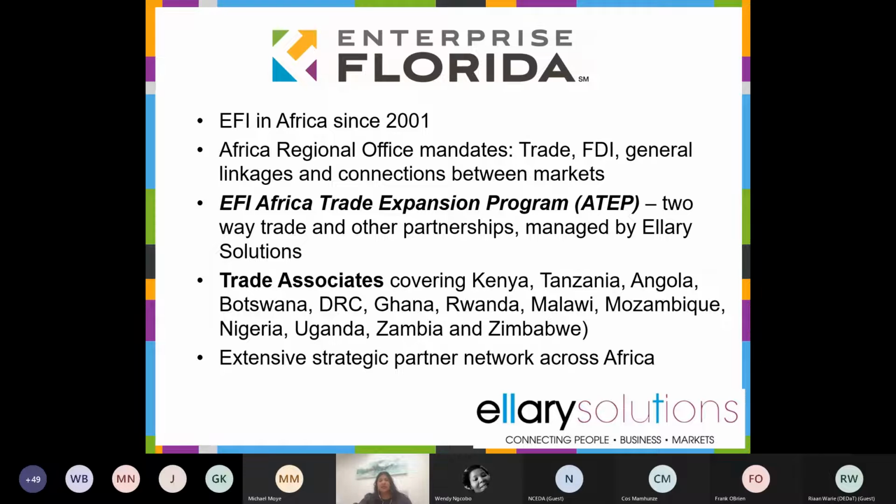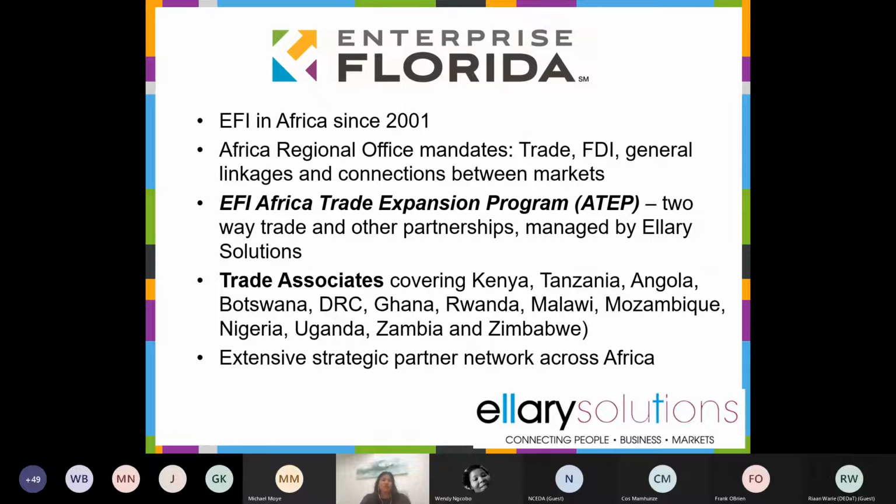It's around trade, and we support two-way trade under the Africa Trade Expansion Program. We also generate FDI leads, and this is African companies who are really doing well on the continent, looking to tap into North America, South America, and Caribbean basin markets, and need to set up some kind of representation office in Florida for access to those markets.